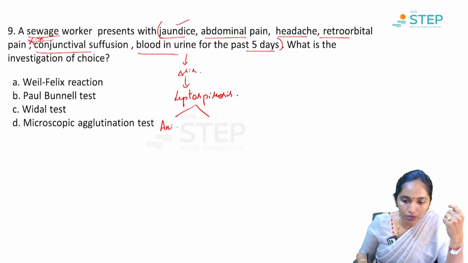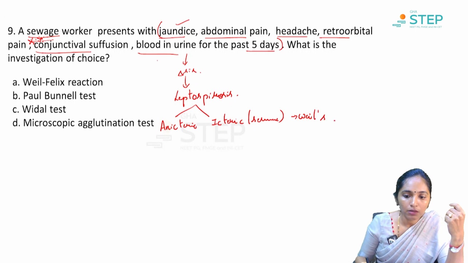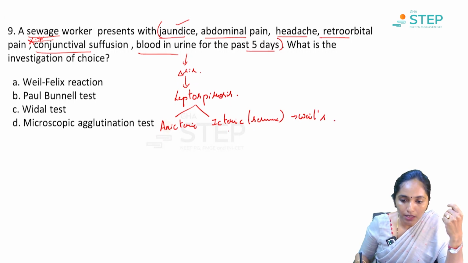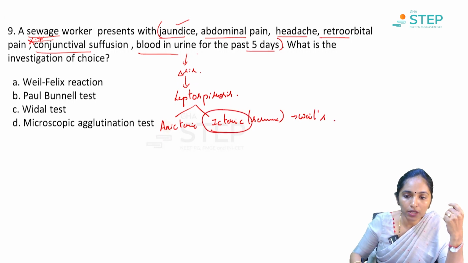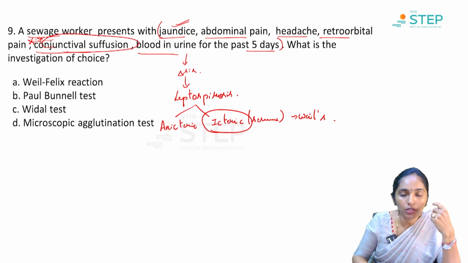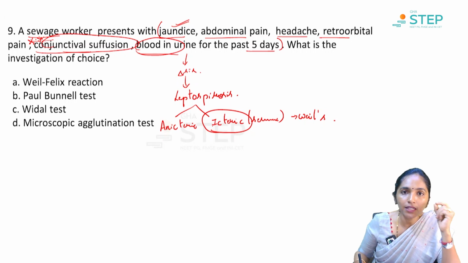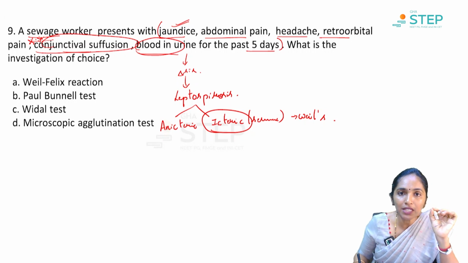One is an anicteric phase and the other one is the icteric phase, or the severe disease, which is also called Weil's disease. Fine. This particular case is that of the icteric phase, where the patient is having jaundice, abdominal pain, and all these aches and pains, and conjunctival suffusion because of conjunctival hemorrhage. So conjunctival hemorrhage and also blood in urine are the characteristic features in case of Weil's disease.